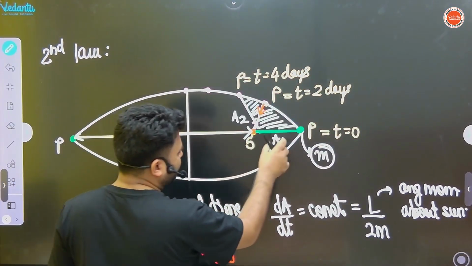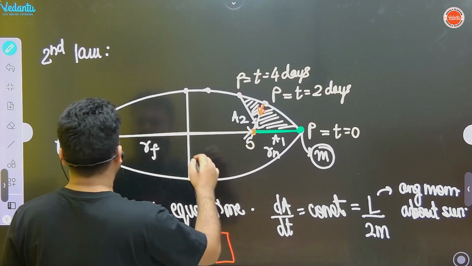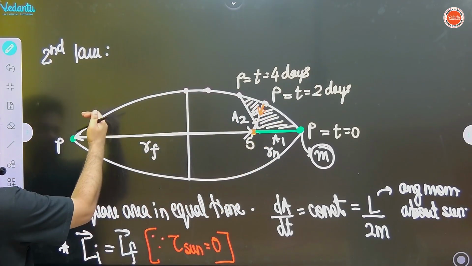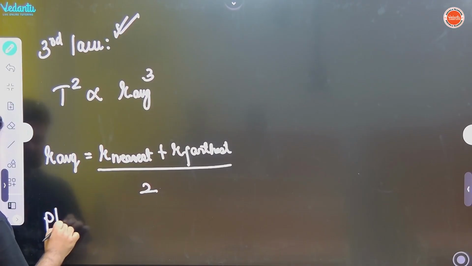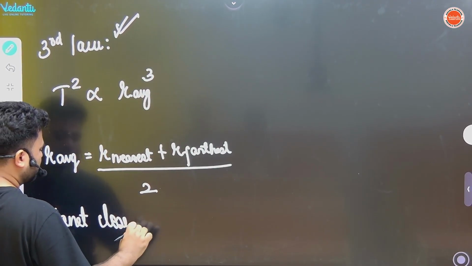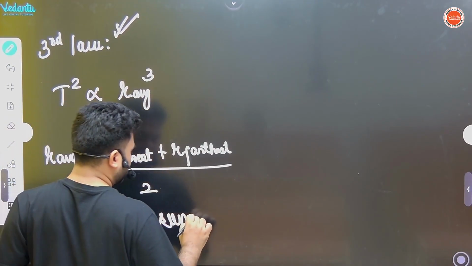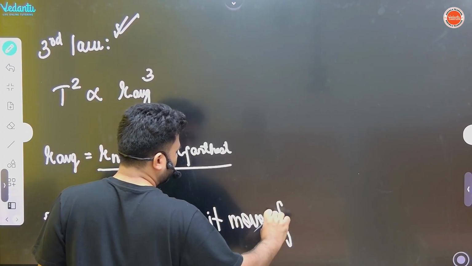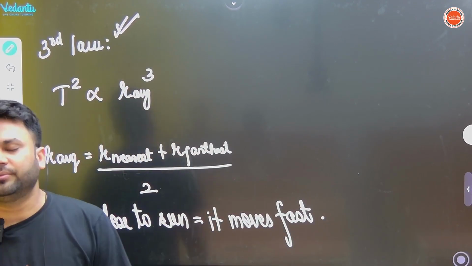Last point: when the planet is close to the sun, it moves fast. When it is away from the sun, it will move a little bit slower.